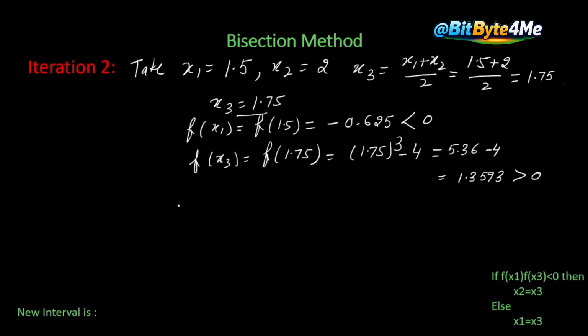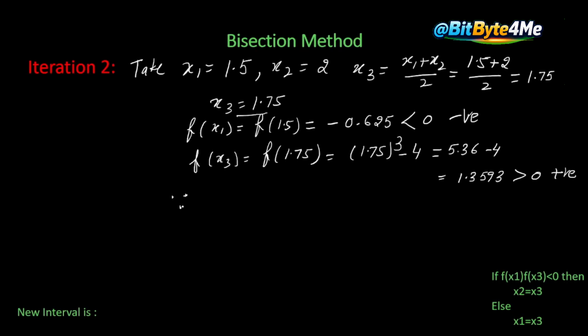So you see f(x1) is negative, f(x3) is positive. You have to always check the values of f(x1) and f(x3). One is negative, the other is positive, so the multiplication of these two will be negative.